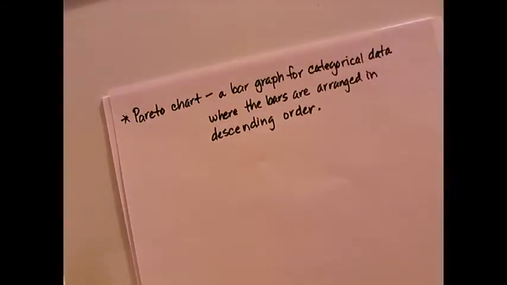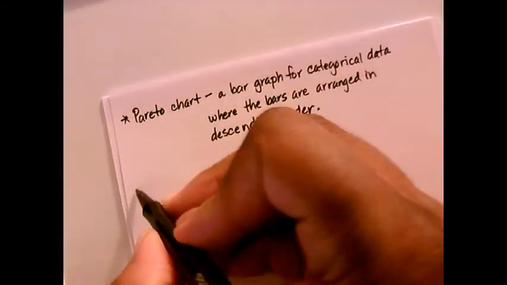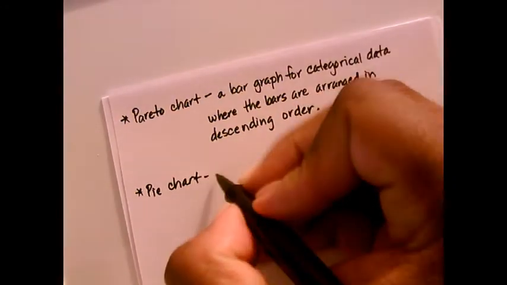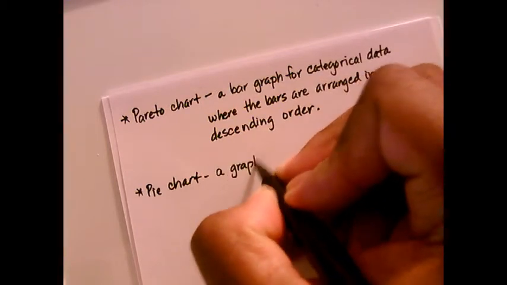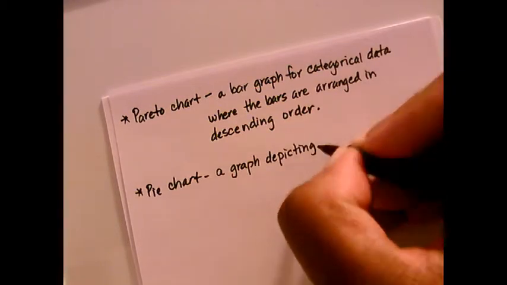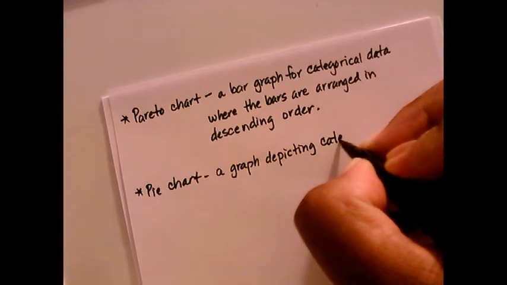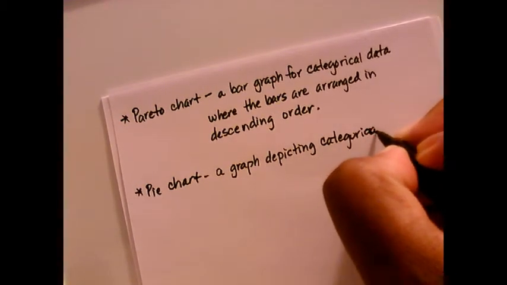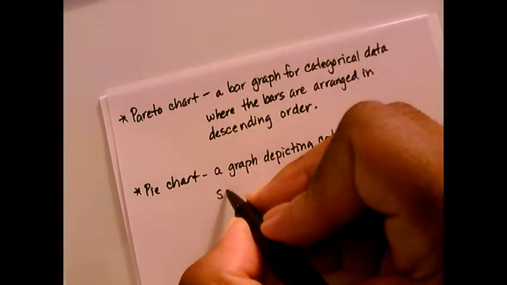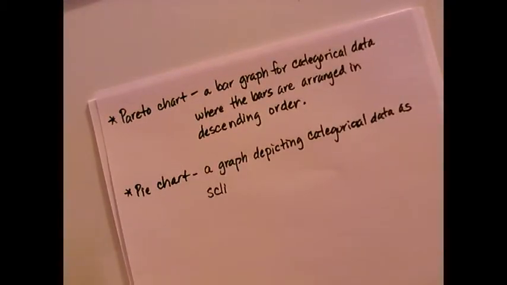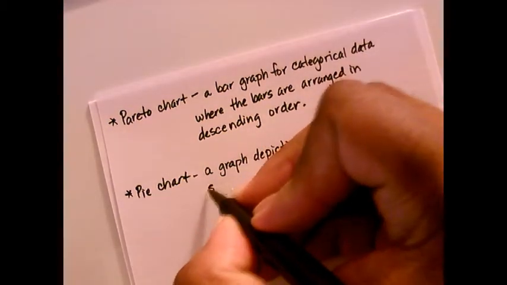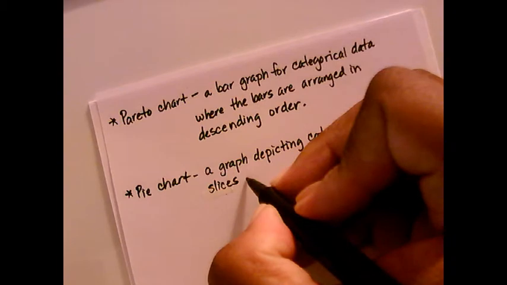Okay. Another type of graph that can enlighten things would be a pie chart. A pie chart is a graph depicting categorical data as slices of a circle.